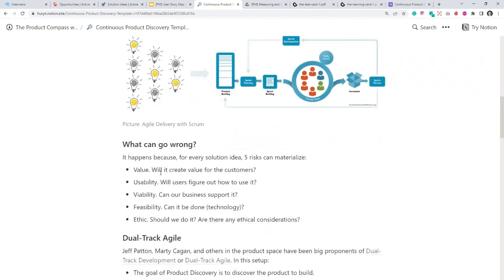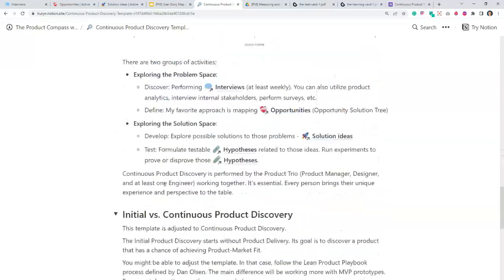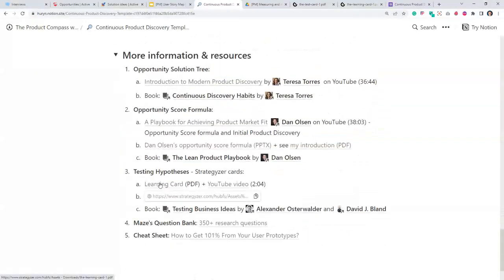Many elements of the presentation are described in the Notion template, and also there are links to additional materials like Teresa Torres' video or the opportunity score formula, which I have not presented. I have presented only my introduction, which is a PDF with this formula, and also strategizer cards and an explanation of how you can use them.